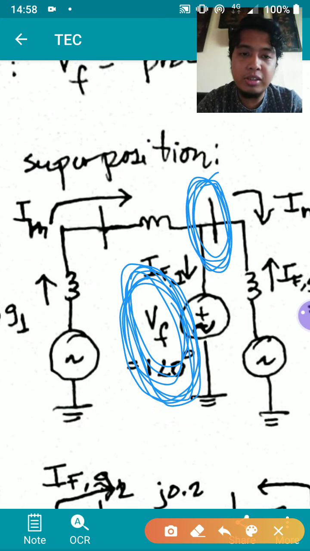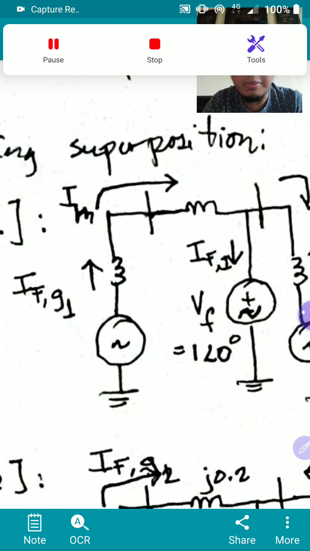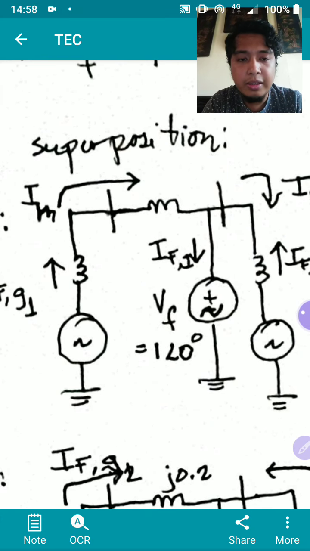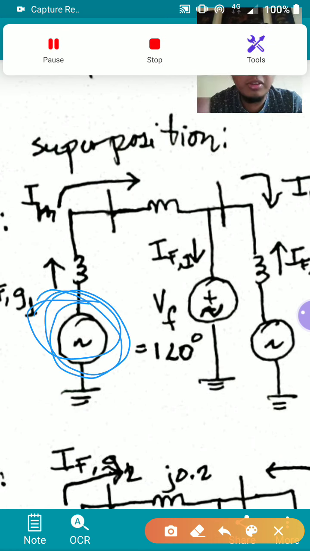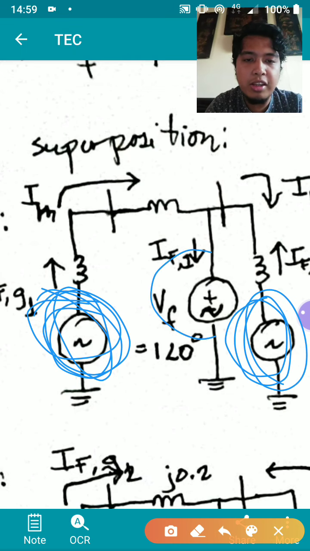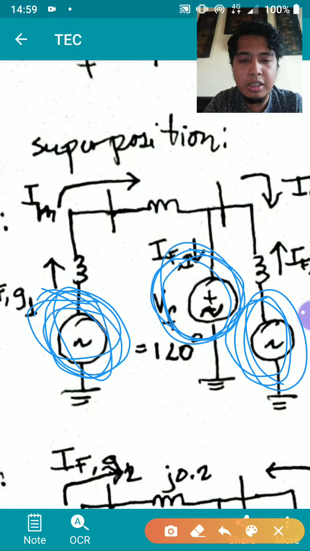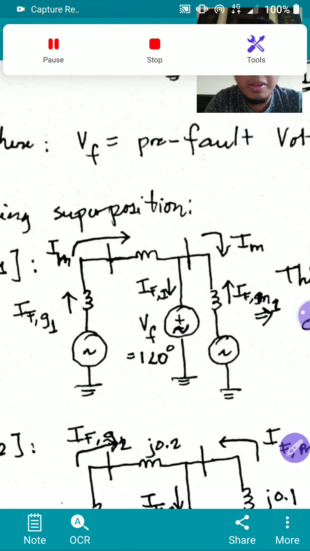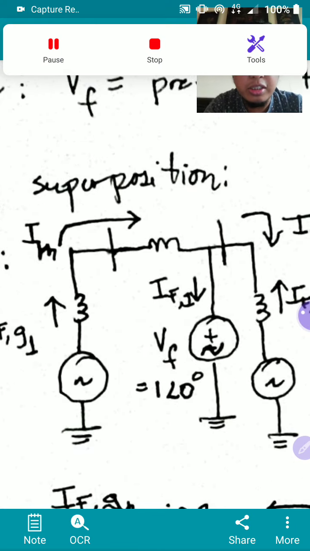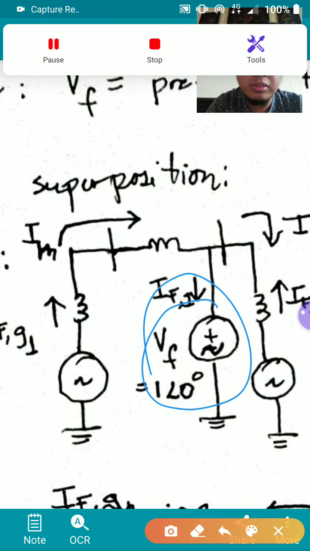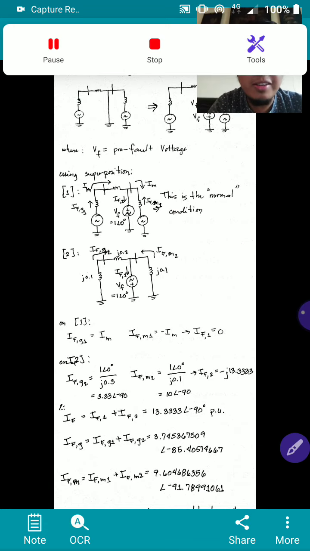Now, using superposition, this is what happens here. You have all of the sources. This is basically a modified superposition. All of these back EMFs and then this pre-fault voltage here that is equal to 1 angle 0. So this is basically the normal condition. The voltage here is 1 angle 0.